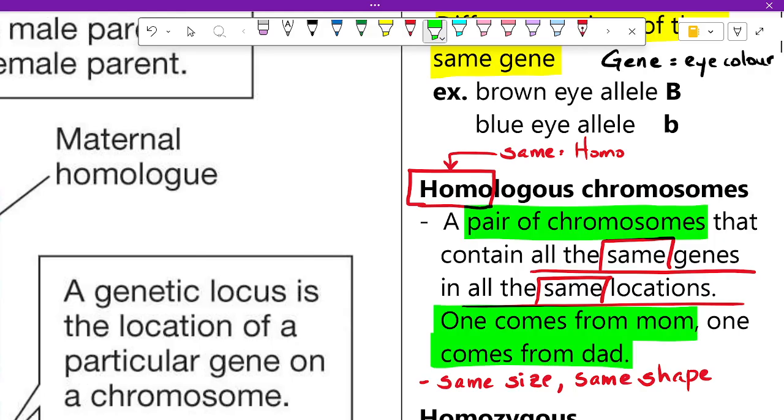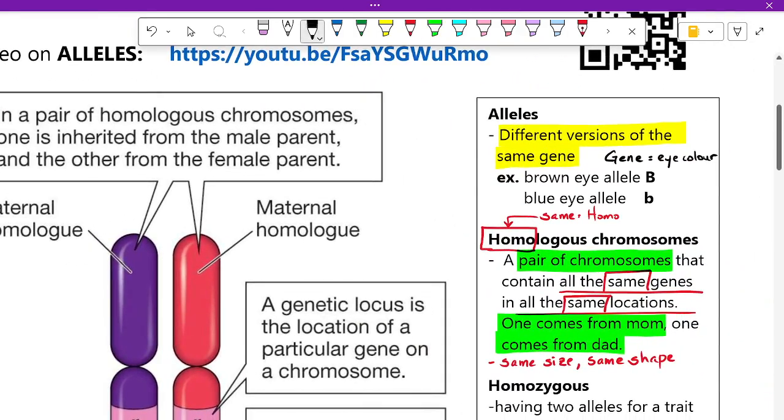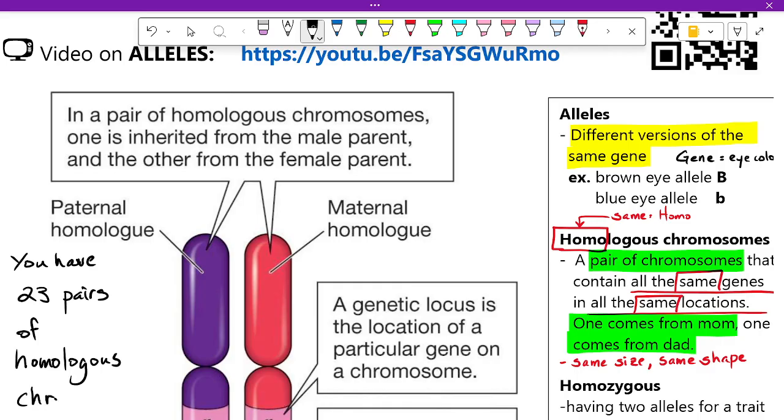You have 23 different chromosomes, different homologous pairs, okay? You have 23 pairs of homologous chromosomes.